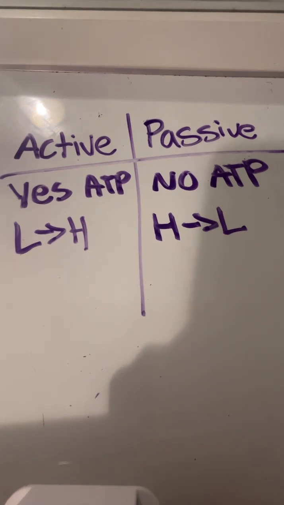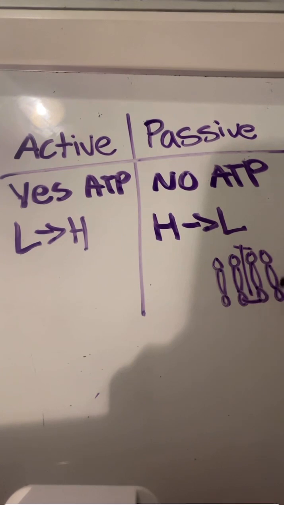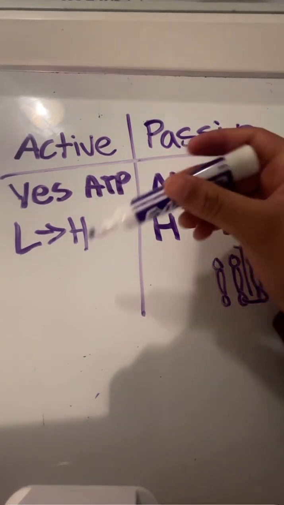The other ones are easier to understand because passive uses more of the lipids, like you see a lot of lipids, so you may know that most of it will be for passive, unless you see a channel, which means that's for this side.